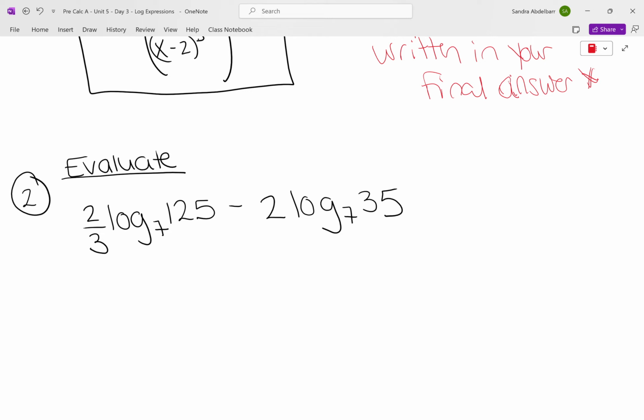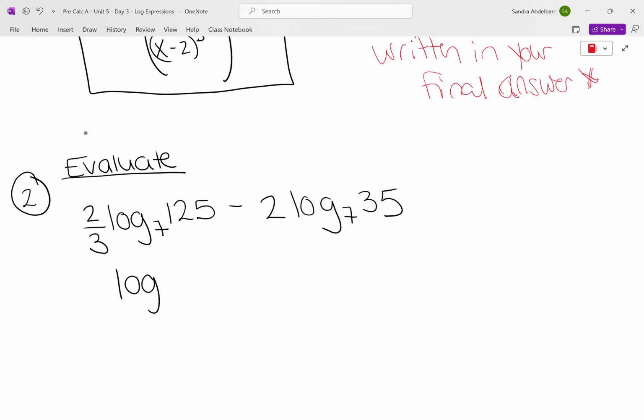Now, this 2/3, does it belong to everything or just the log base 7 of 125? Just the log base 7 of 125. How would I know if it belonged to the whole thing? We would have had to have brackets or parentheses, right? But since there are no parentheses, we know it just belongs to this one.